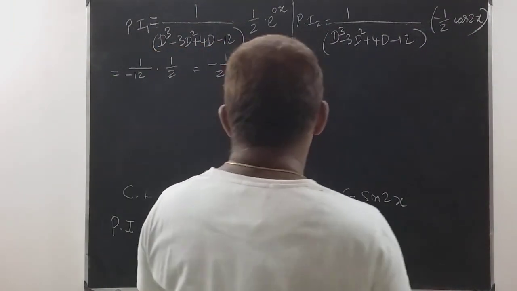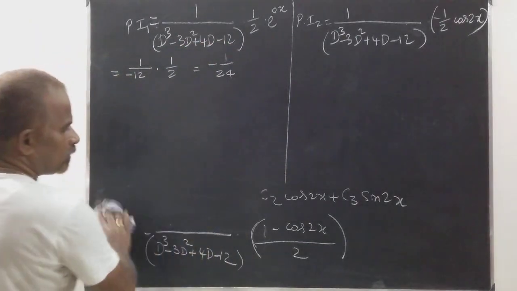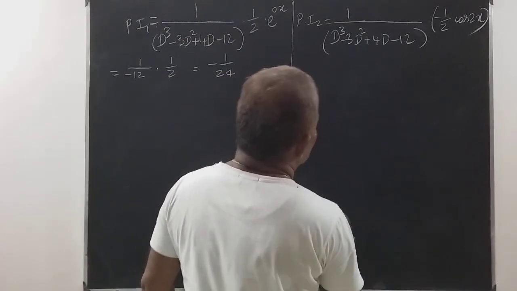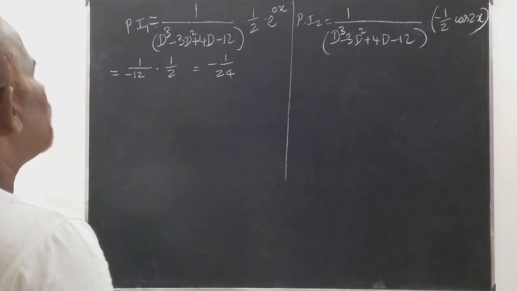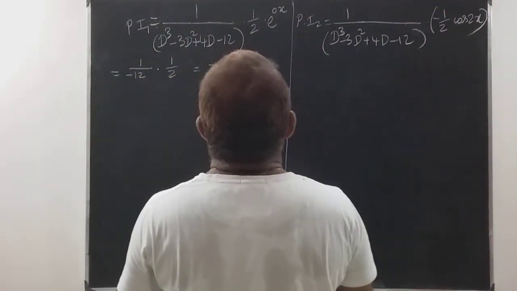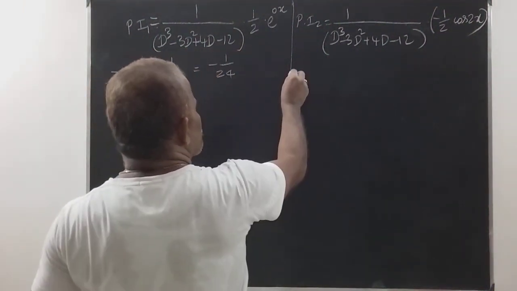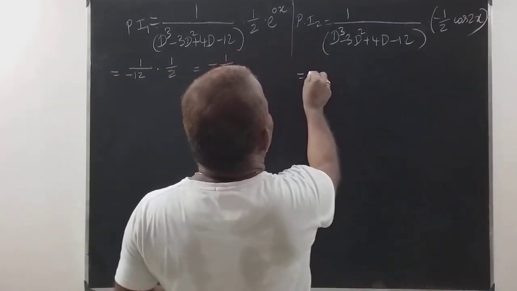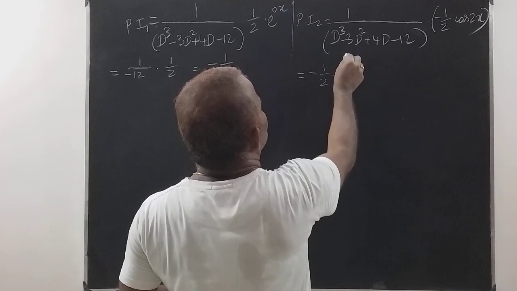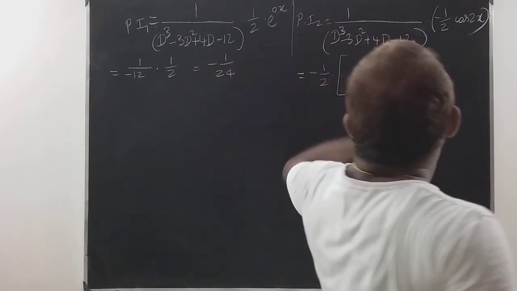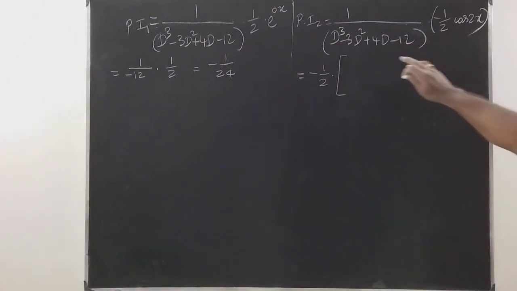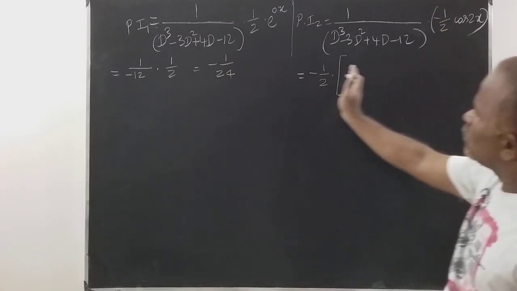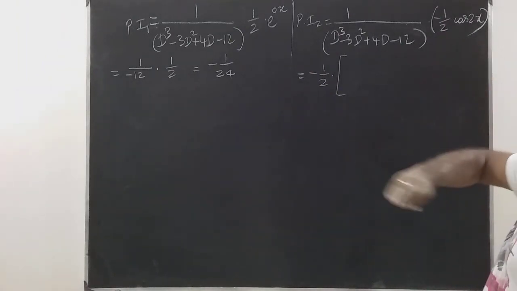Particular integral 2 is equal to, so we'll take out minus 1 by 2, and replace D squared by minus 4. So this minus 1 by 2 we take out.